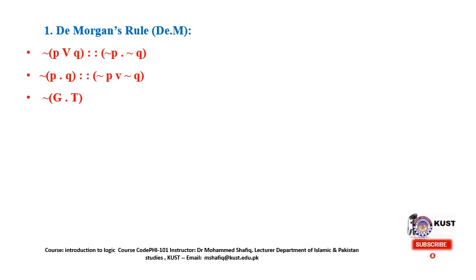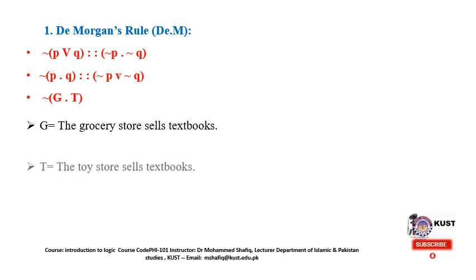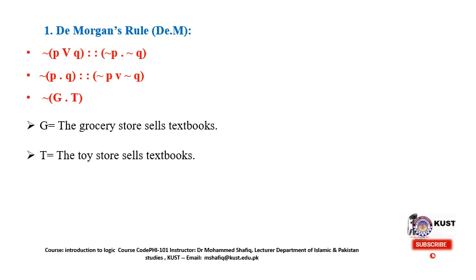Another example: G dot T as a whole in negation. G is a statement which says the grocery store sells textbooks.